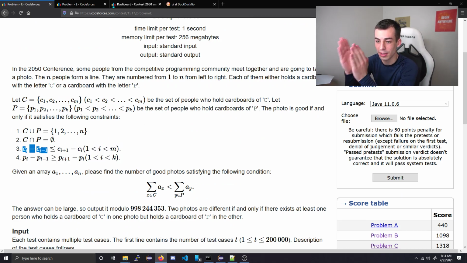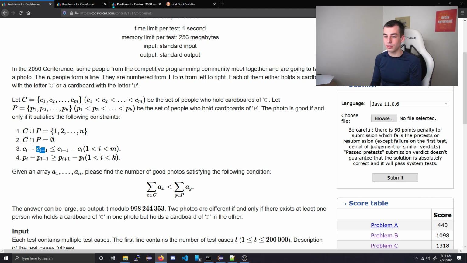Okay, this thing minus this thing. So the difference between two adjacent things, if I is 1, this, oh, okay. The difference between these two is less than or equal to the difference between these two.